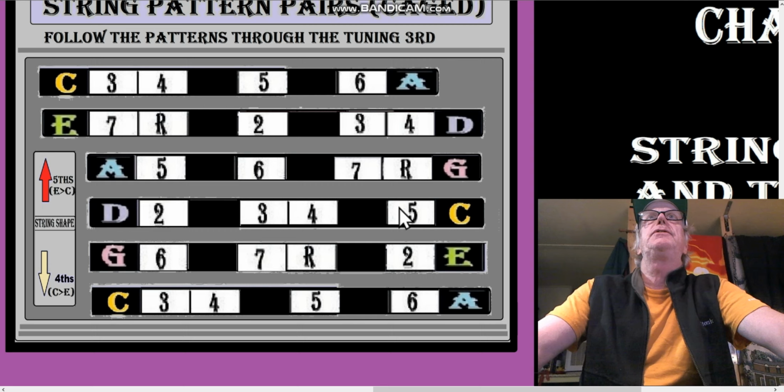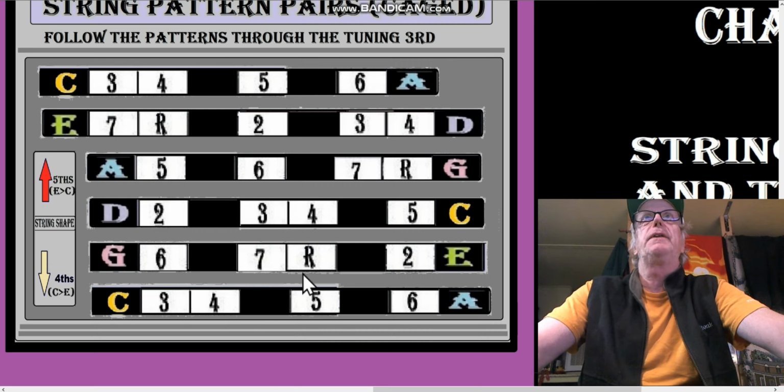D and C shapes share the 3, 4, just like that, like they were one note. A and G shapes share the 6 only. They don't share 2 notes there. There's bookend isolation between the shared notes. So the 5 being the shared note between C and A, there's bookend isolation right there.